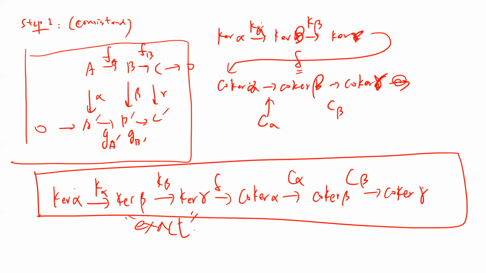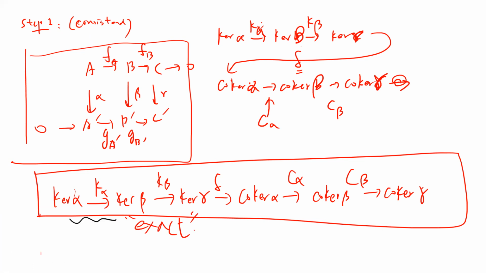Let's quickly see the definition. Let's define k alpha and k beta: k alpha is kernel alpha to kernel beta, and k beta is kernel beta to kernel gamma. This should be trivial. Let me just change the color, I don't like this color. We need to derive this.